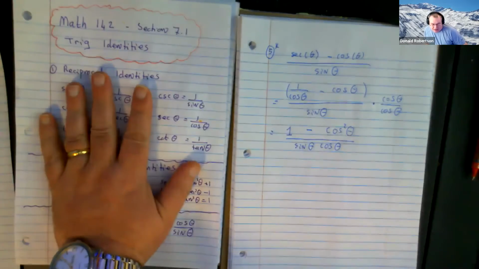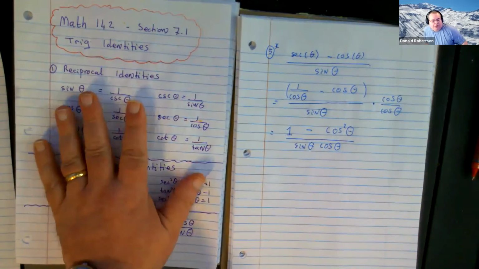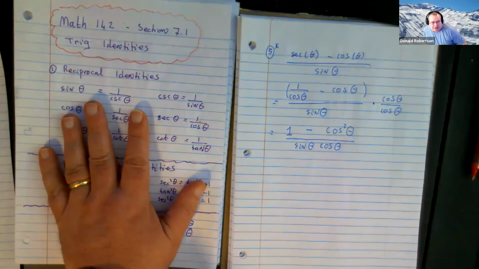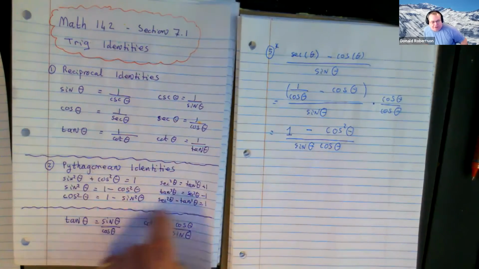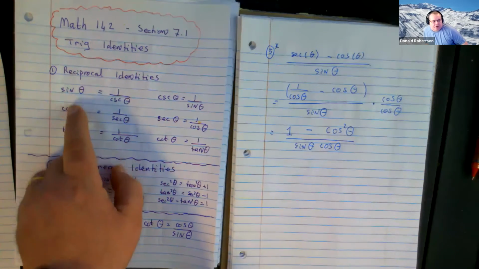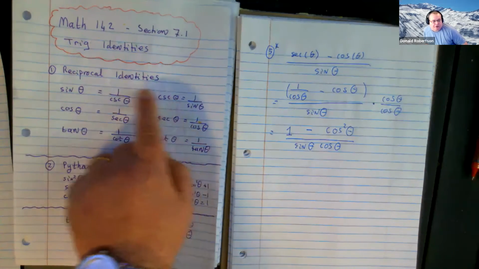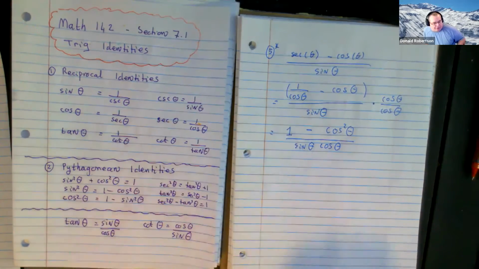Now, this bunch of guys over here, there are others, but these are the main ones, right? These particular identities, these are things you know are true, or you believe me when I tell you they're true. The reciprocal ones are basically how you can turn sines and cosecants into something else, or reciprocally something else.